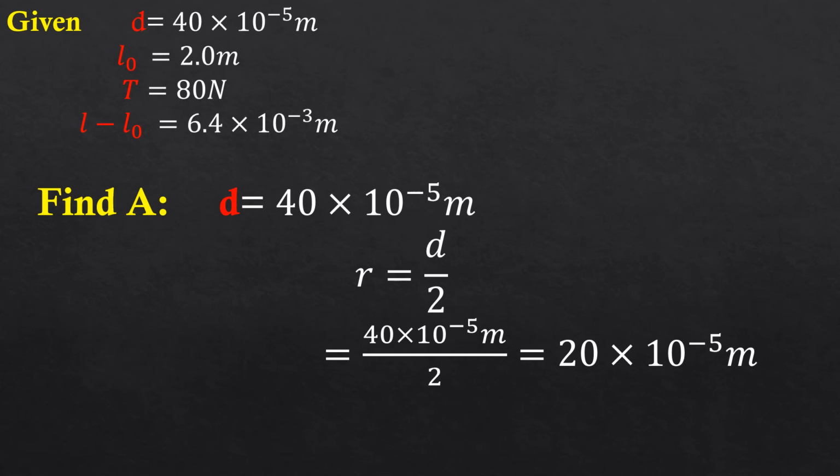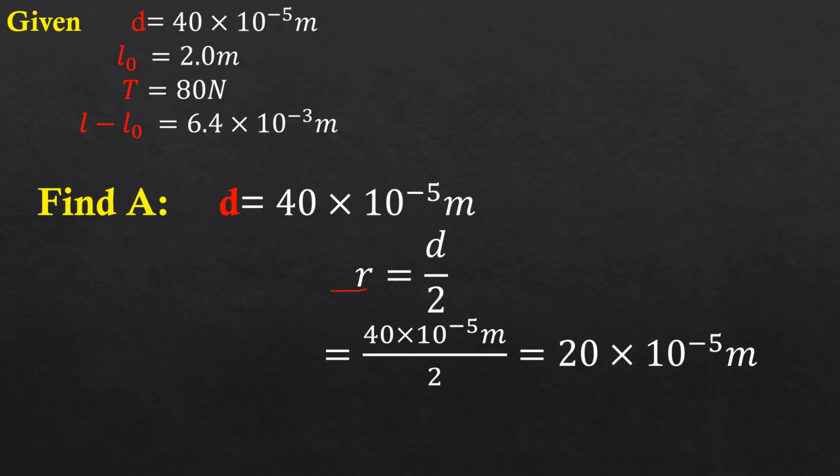This is all about units. So try to make sure that you are using the right units. So here we have diameter 40 times 10 power negative 5.